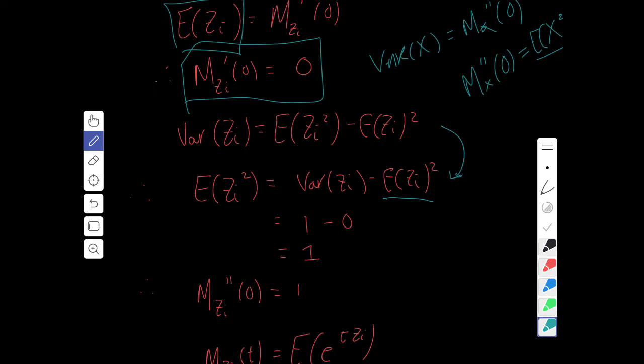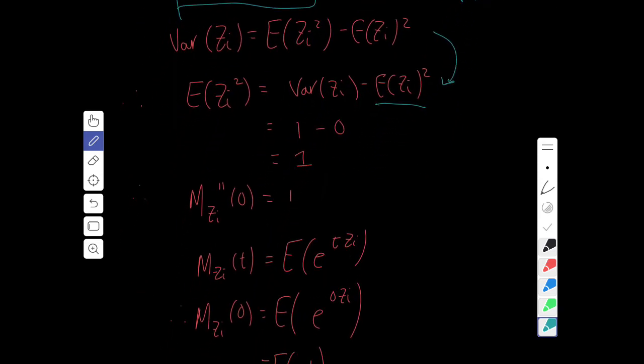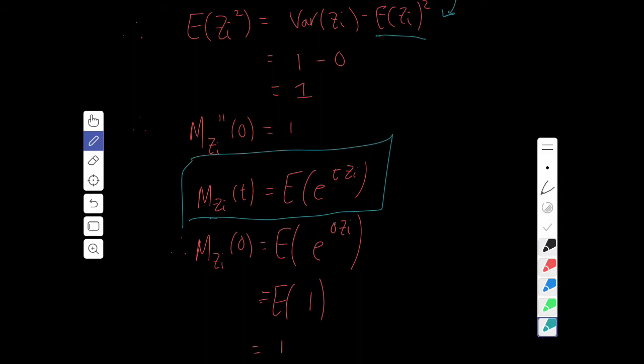Okay, that's great. Then the last moment-ish thing that we need is not really a moment, but it's just our moment generating function evaluated at 0. So this is the definition of the moment generating function for zi. You can obviously do it for other variables as well, but we need to know what it's evaluated at 0, and well, we just plug in 0 for t in the function, which means we're going to plug in 0 for t in the expectation, and when you do that, e to the 0, because 0 times zi is always going to be 0, so e to the 0 is 1, so the expectation of 1 is 1.